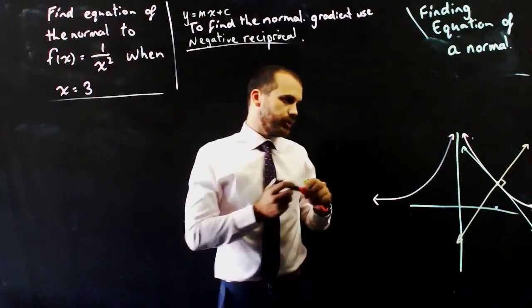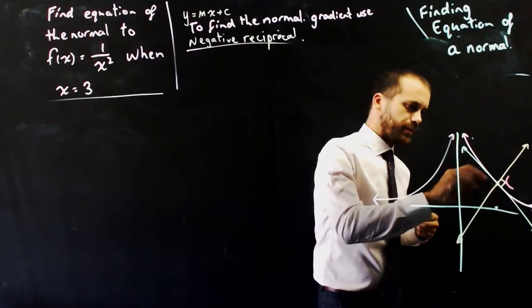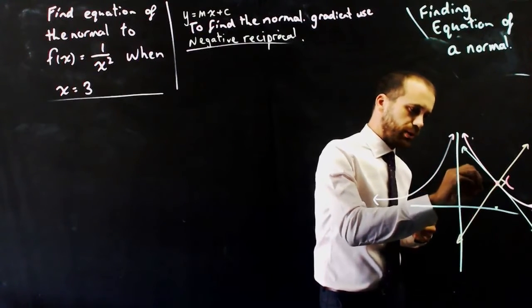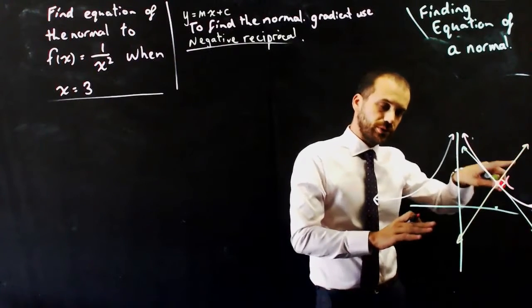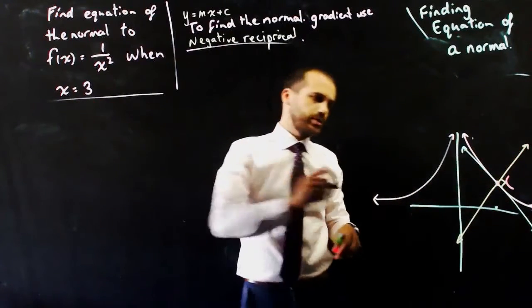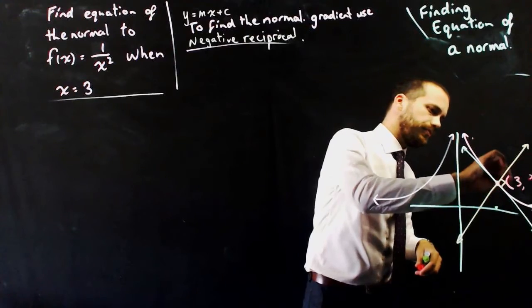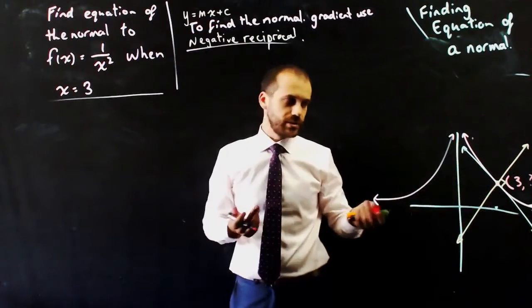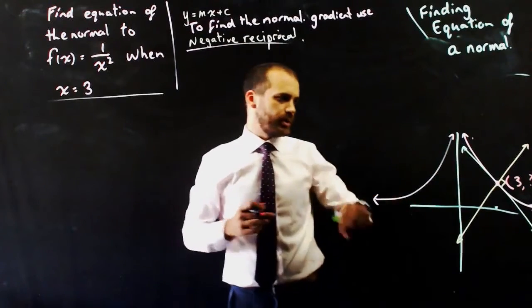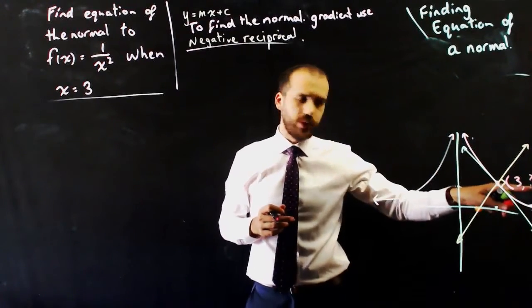So it would be useful to know the coordinates of this point, and it would be useful to know the gradient of the normal. So when x equals 3, I know this, I don't know that, and I also don't know the gradient of the normal, so I need to find both of those things. I'm going to do this in a different order to how I did the last one. I'm going to find that y point first.